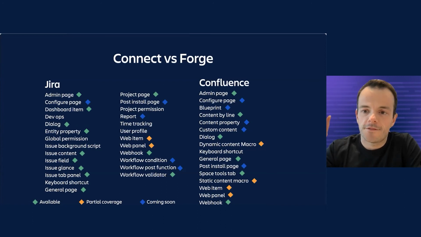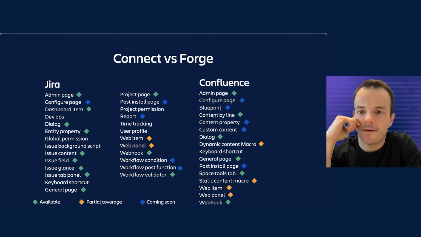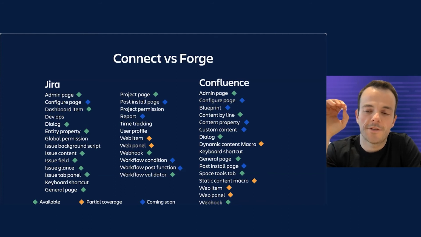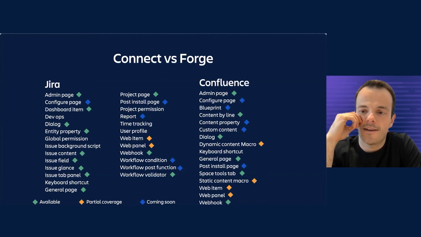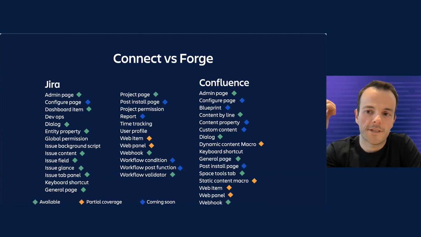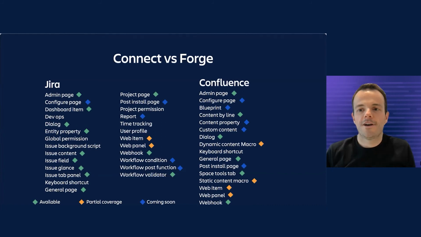One more thing that I'll touch on this slide in particular with regard to extension points is the web panels and web items, and they exist both in Jira and Confluence and Connect. A web panel is a specific location on a page that you can surface your app, and a web item is basically a specific location in a menu. And if you've been paying attention, we don't design extension points that way in Forge.